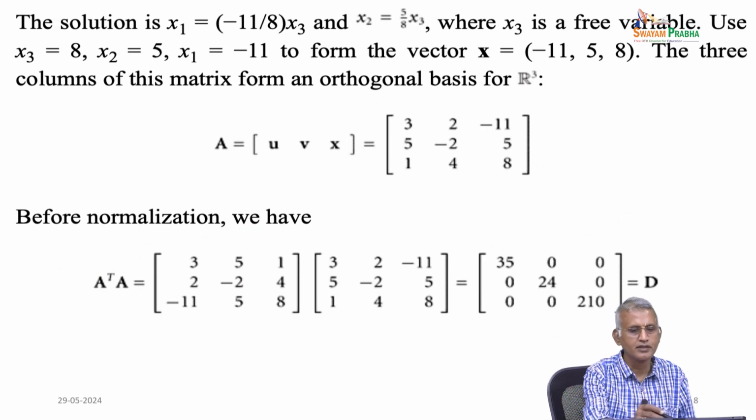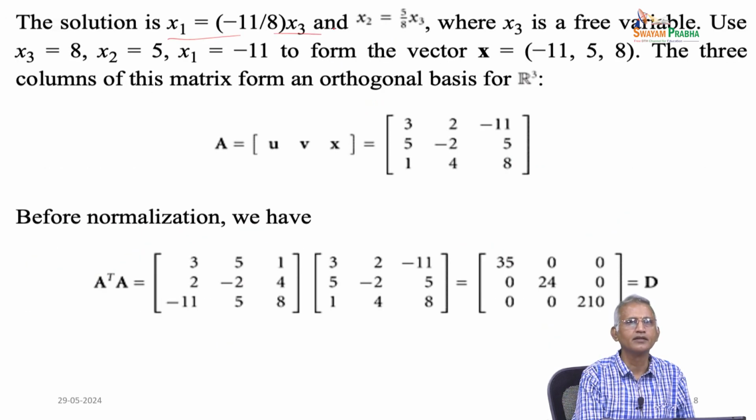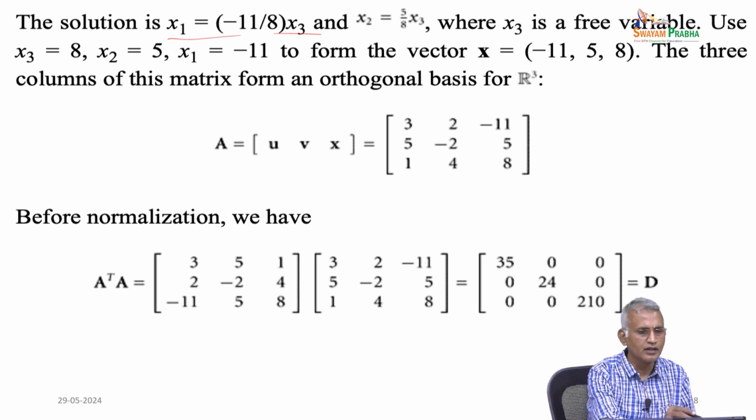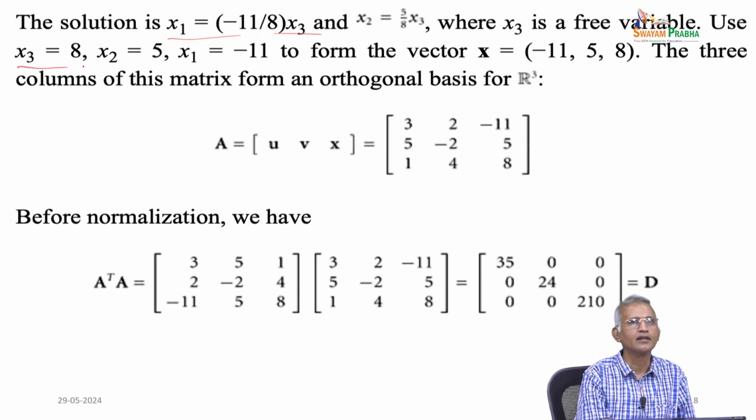So, the solution is x1 equal to minus 11 by 8 into x3 and x2 equal to 5 by 8 x3. So, x3 is a free variable. You choose the value of x3, suppose x3 equal to 8, and then correspondingly x2 equal to 5 and x1 equal to minus 11 will be generated.